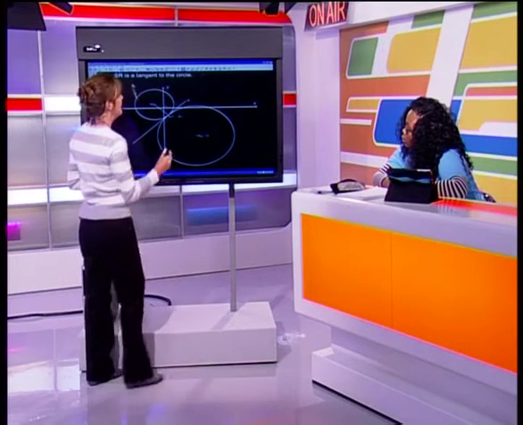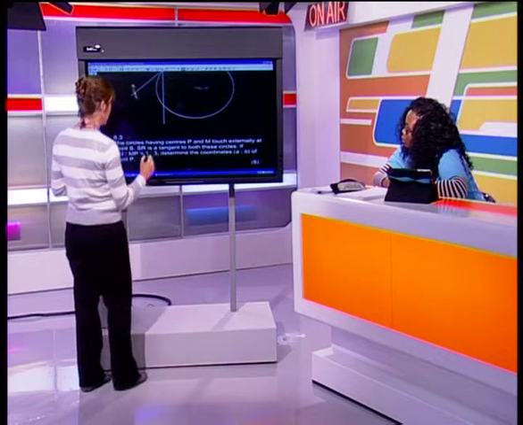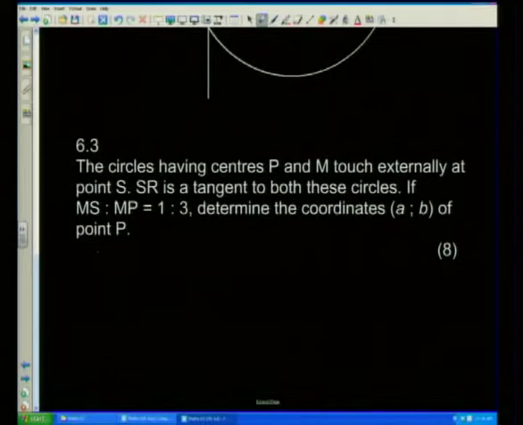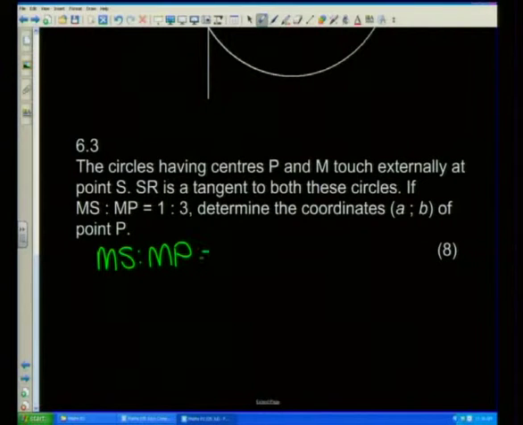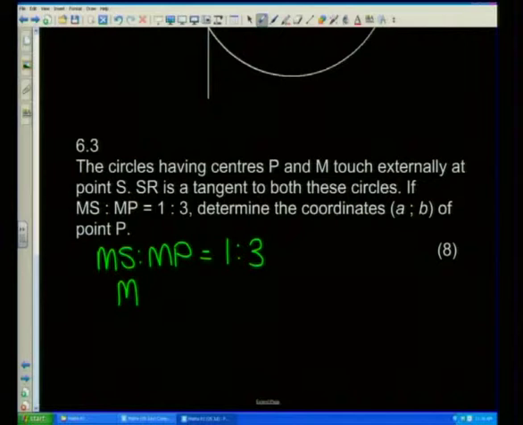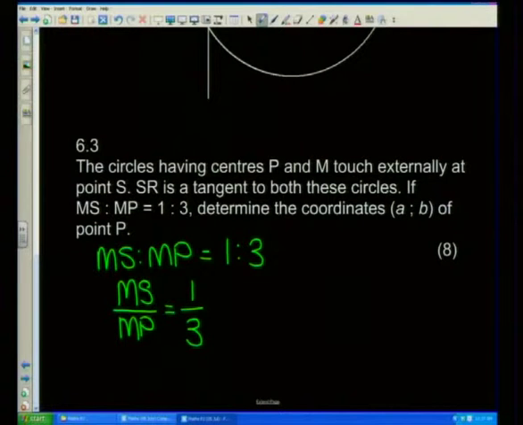They told us that the ratio of length MS to MP is 1 to 3. When we're working with ratios, instead of writing it as a ratio like that, we can write it as a fraction. So I can say MS over MP is equal to 1 over 3.